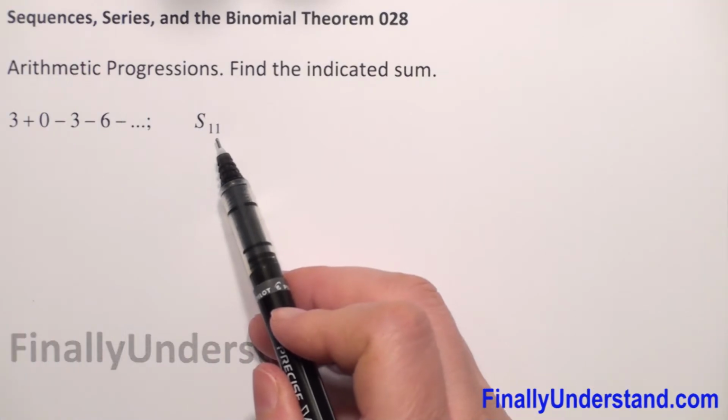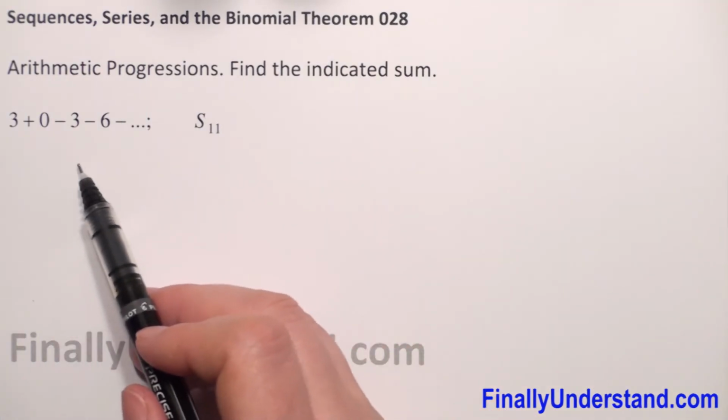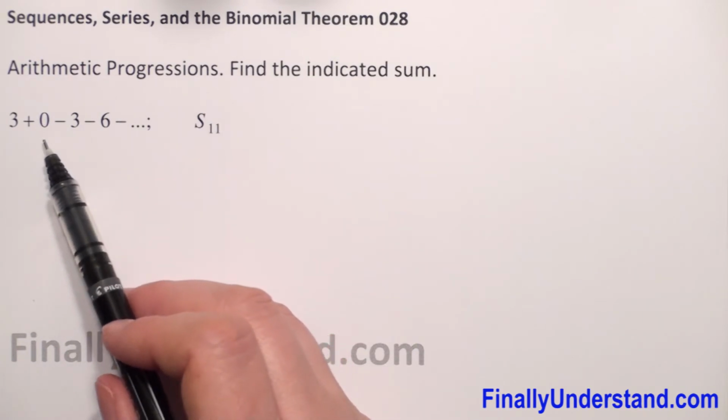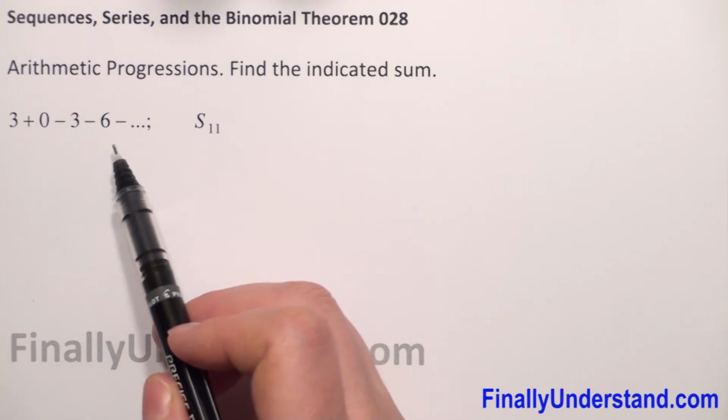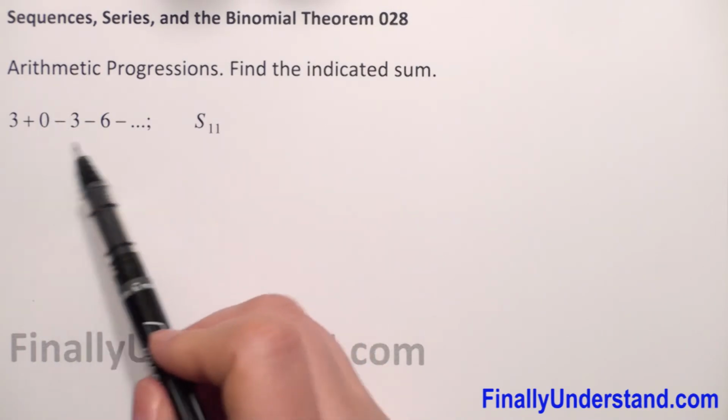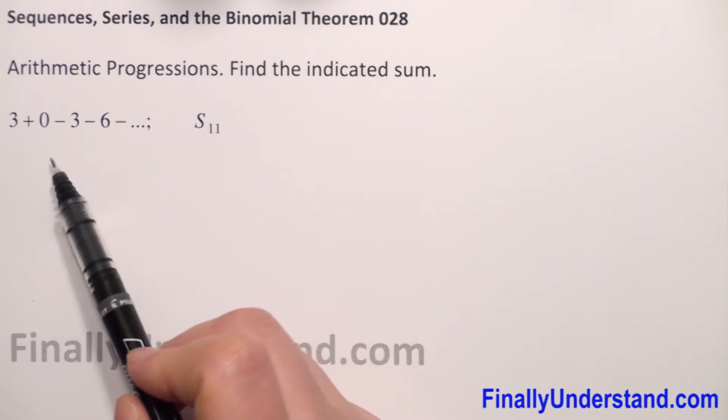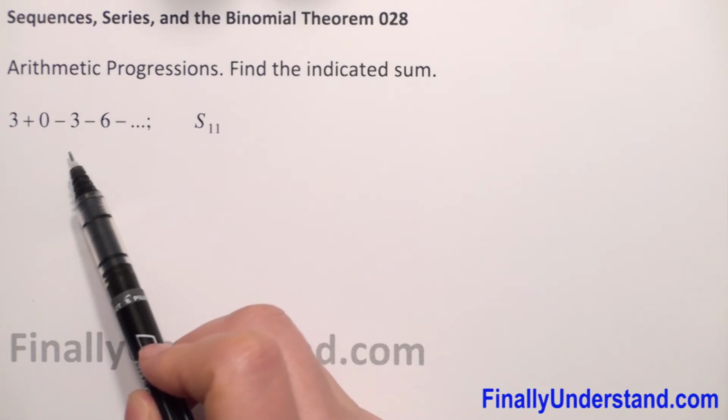We have to find the sum of the first 11 terms of our series 3 plus 0 minus 3 minus 6 and so on. We know that the terms form an arithmetic progression.